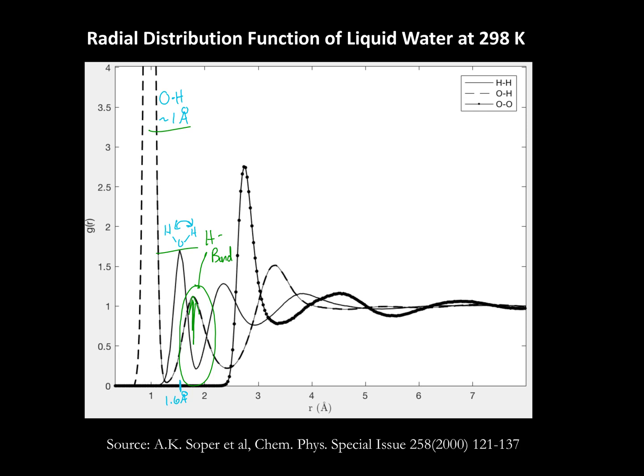And we can see that in water, the hydrogen bond is at about 1.8 angstroms. We have an additional peak over here associated with intermolecular H-H bonding, and then we have a very strong prominent peak associated with O-H intermolecular bonding.